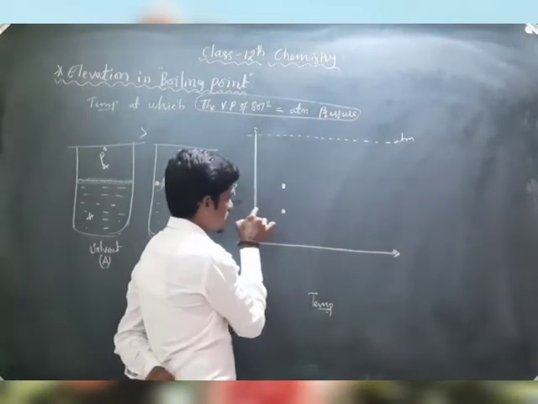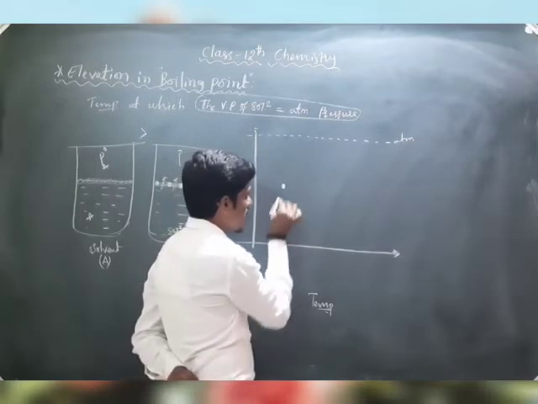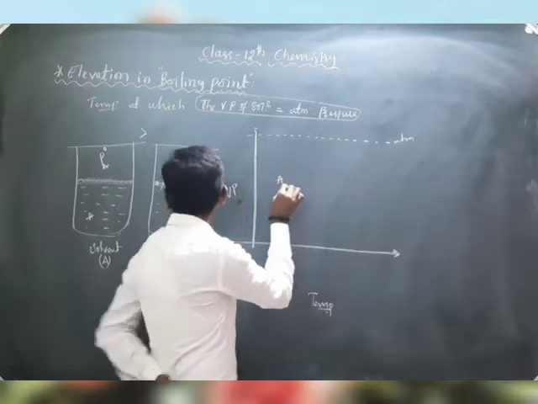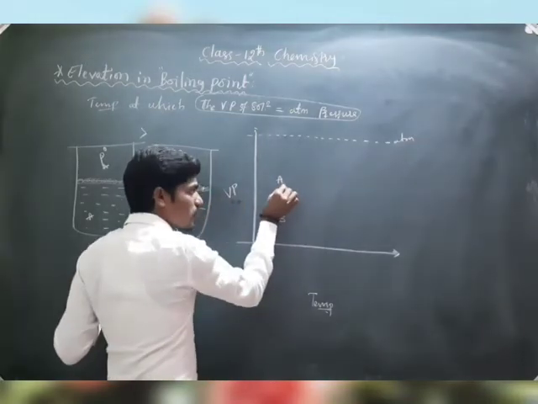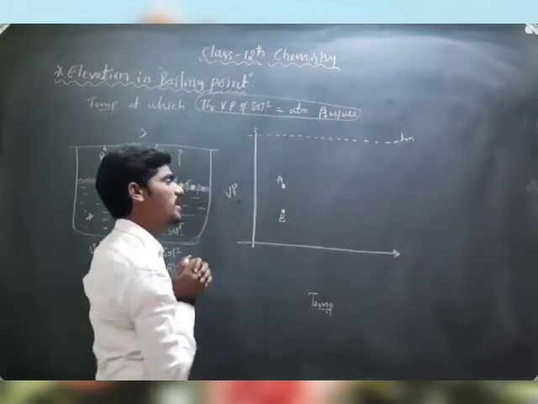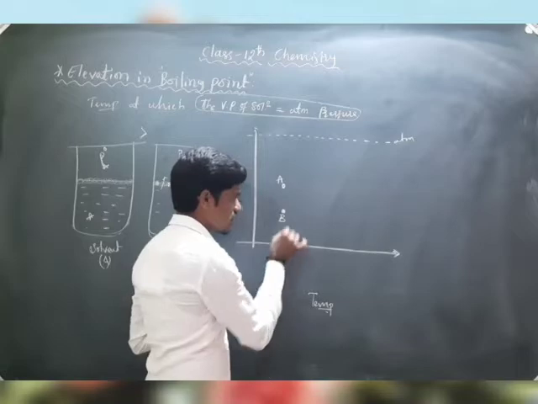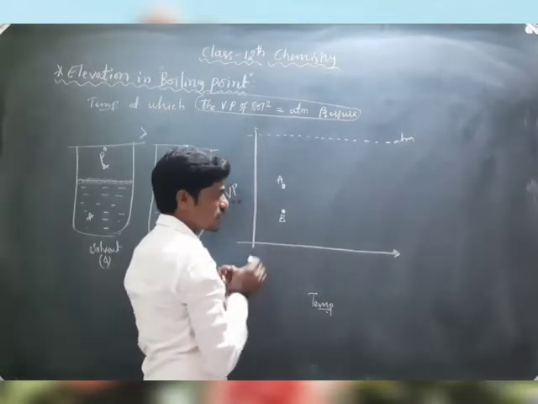This point we call B and this is A, because A is the solvent having higher vapor pressure than the solution. This is at a particular temperature that I have considered.